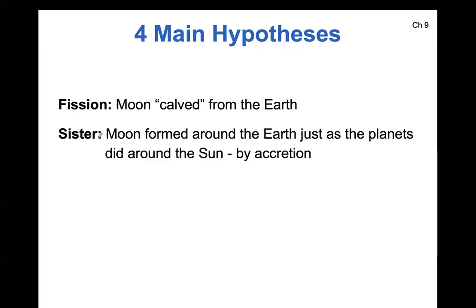Another, the second of the four hypotheses, is that the moon is a sister body. It was formed around the Earth just as the planets did around the sun, by accretion. This isn't too outlandish. There are plenty of moons that form this way, but only around the Jovian planets.